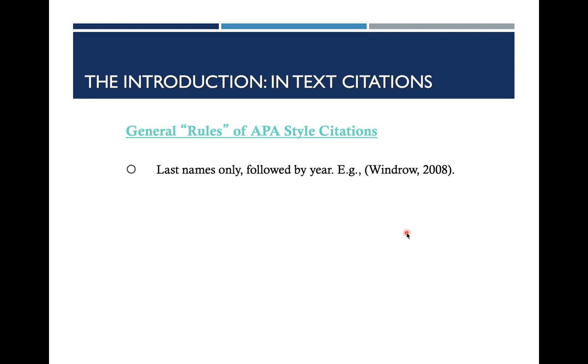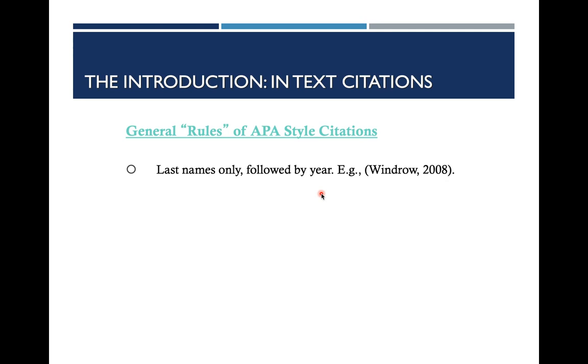We do that through an in-text citation. A super simple one looks like this: a last name, comma, the year of publication for the paper you're citing its findings from, in parentheses. These will occur in the body, in the text of your writing.